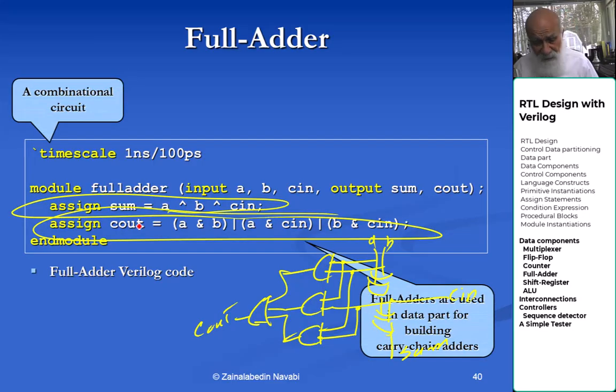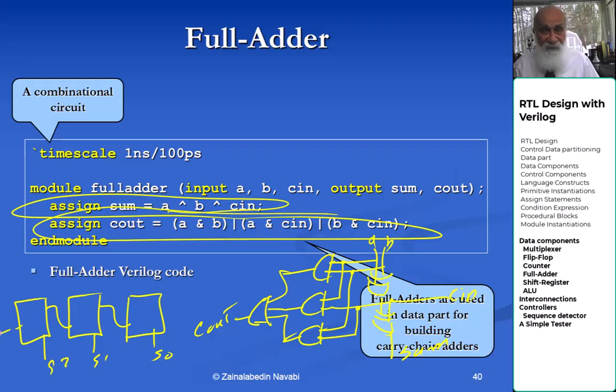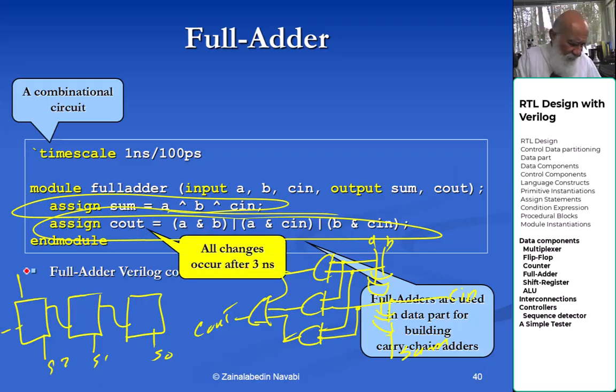And this is a combinational circuit, and I can use several of these, let's say 8 of these, in this fashion. Carry out, sum 0, sum 1, and then the carry out from one goes into the carry in of the next one to build, let's say, a 4-bit, an 8-bit, or whatever number of bits I need for my adder.